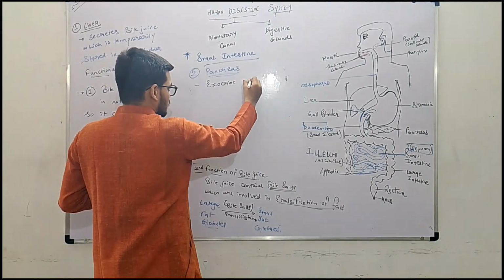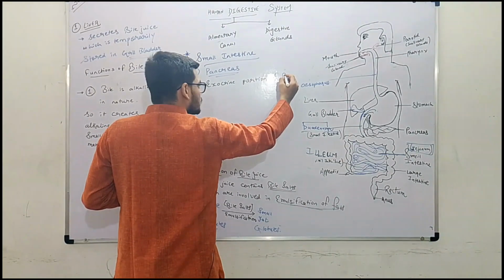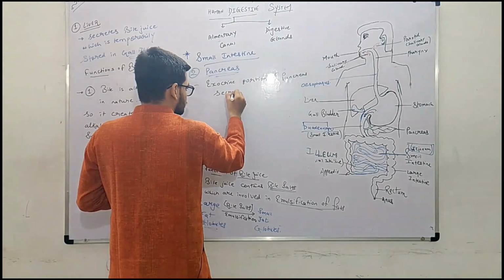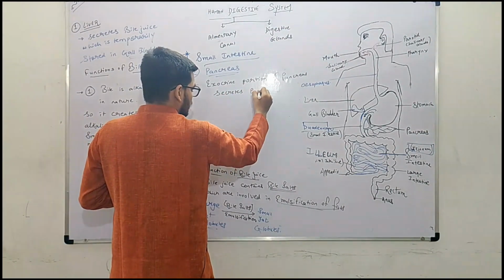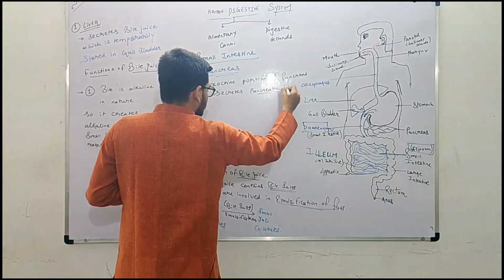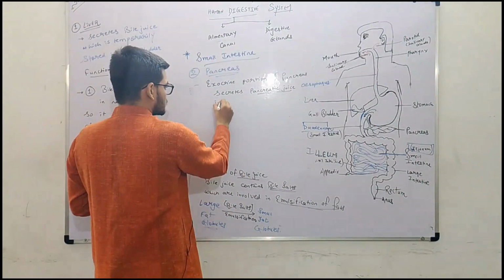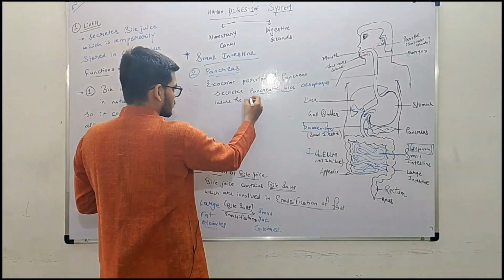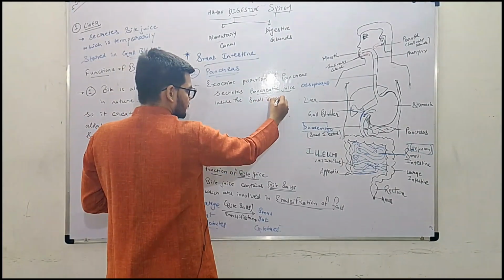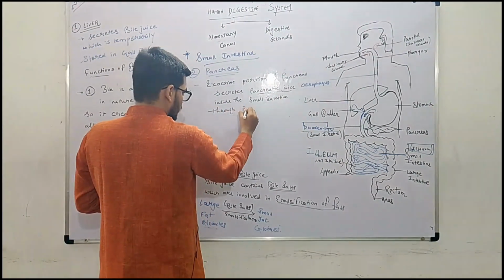Exocrine portion of pancreas secretes pancreatic juice inside the small intestine through pancreatic duct.